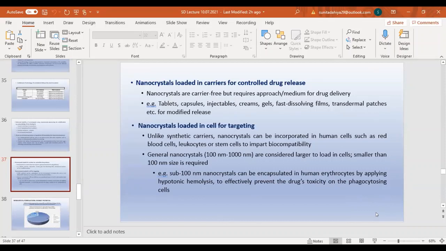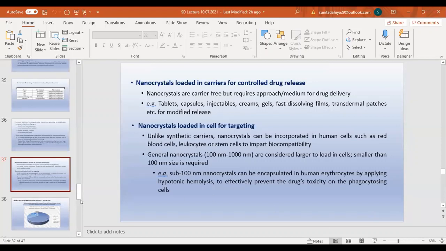So we can use hypotonic hemolysis, in which first the RBCs are ruptured, and then the drug nanocrystals are loaded into them. Then again they are put into the saline solution where they will be sealed, and then they are used as a carrier. So this will show better biodegradability and better acceptance because they are natural components. So it will also reduce the toxicity.